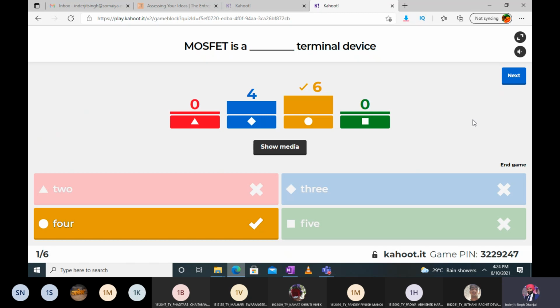It's a 4 terminal device. The next question coming up.